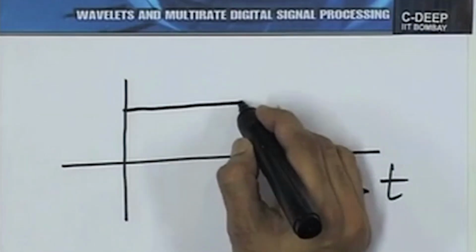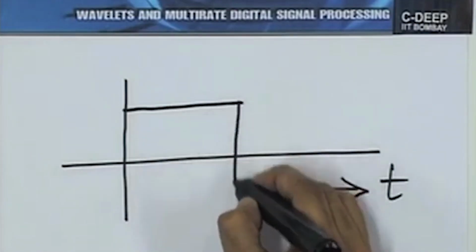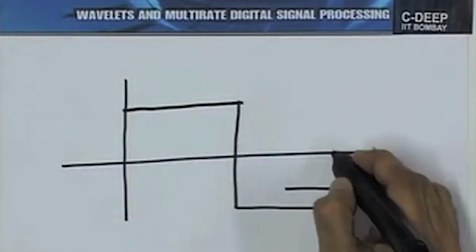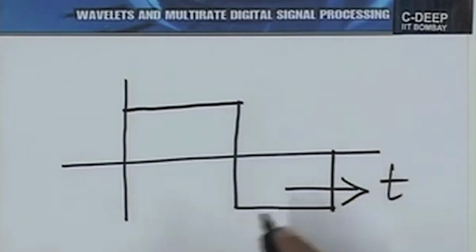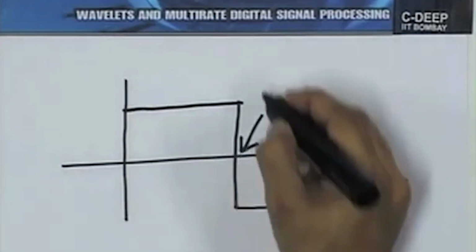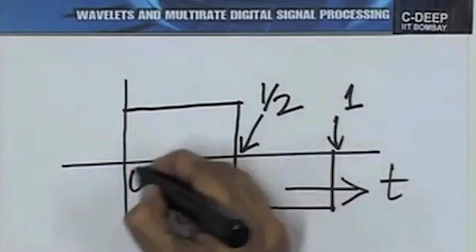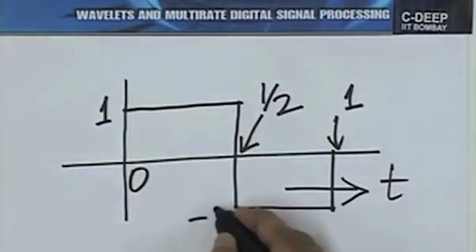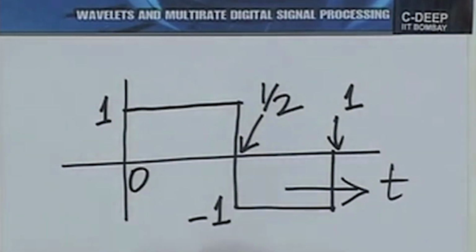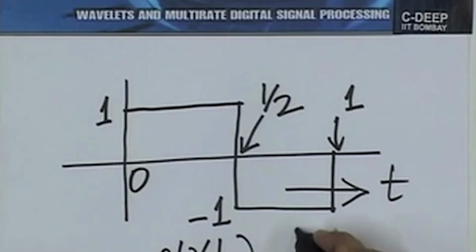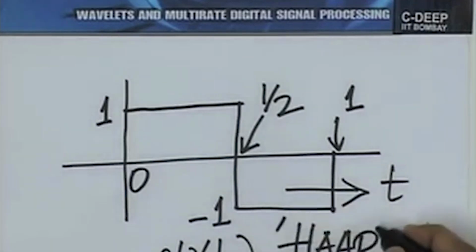One over the interval from 0 to 1/2 and minus 1 over the next half interval. This is the point half, this is the point 1, point 0, 1 here and minus 1. And let us give this function a name, let us call it psi of t. In fact, this is indeed what is called the Haar wavelet. Haar, again the name of the mathematician.